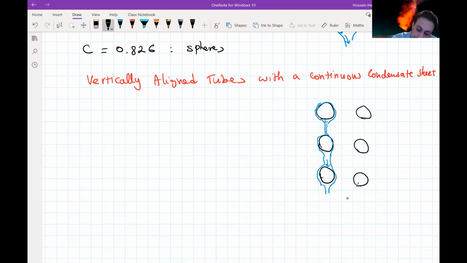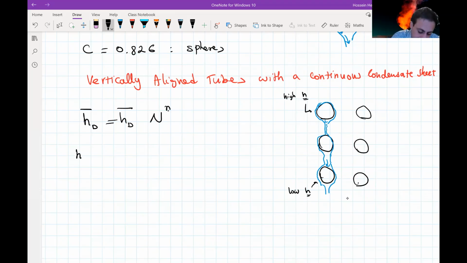Now, the first tube at the top, since it has less thickness of the film, has the highest value of h, and the lower ones have lower values of h. So h keeps decreasing as we go from top to bottom. The heat transfer coefficient is going to be h_D for the top tube times N to the power of n.